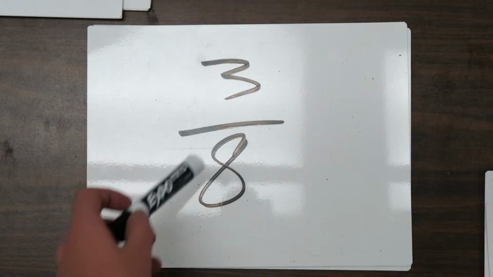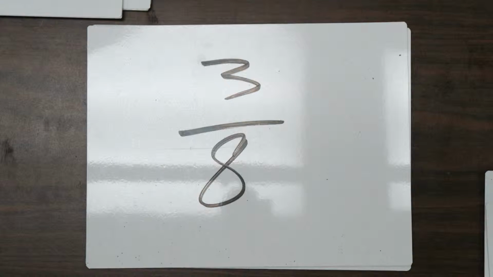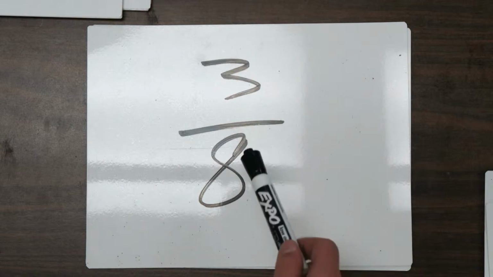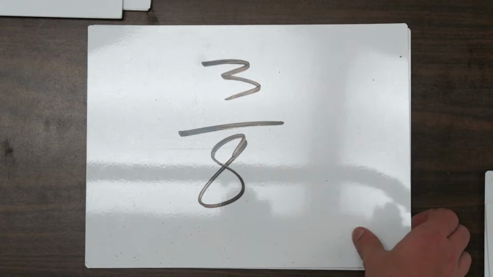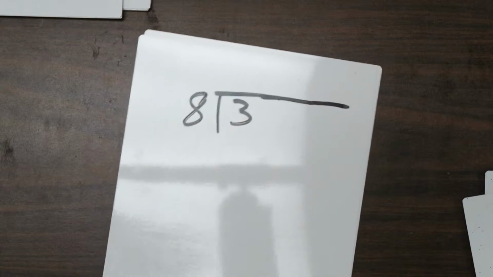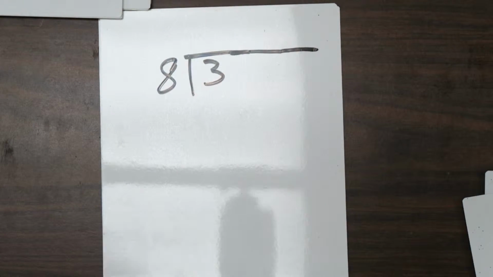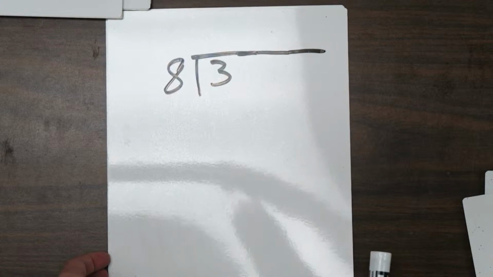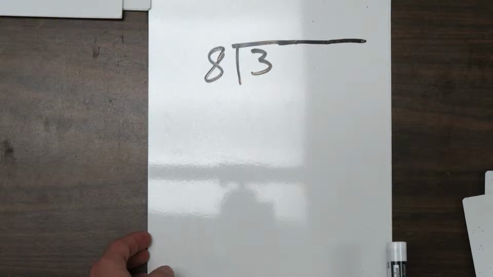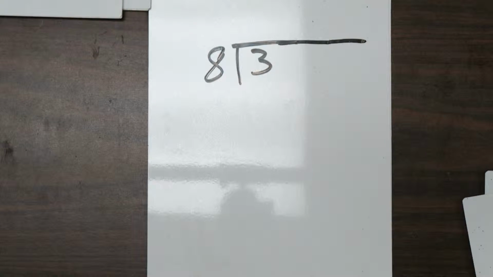Every single fraction is just a different way of writing a division problem. It's always the numerator divided by the denominator. So I can reset up this fraction as a division problem, which is 3 divided by 8. Now I can solve this to figure out what the decimal equivalent of 3/8 is.